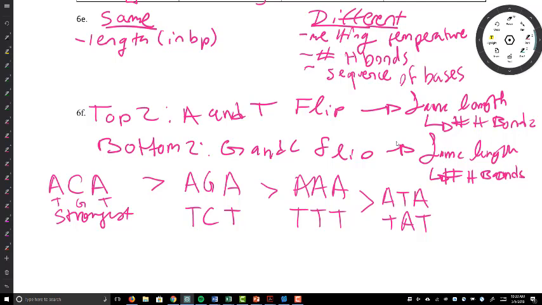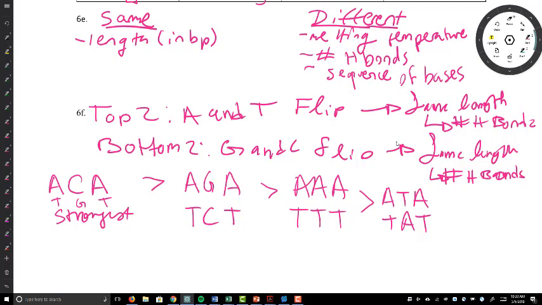We've hit on that many times. But the sequence of DNA determines how well it can be melted, and that determines how well it can be manipulated. And we care about manipulating DNA in the cell.